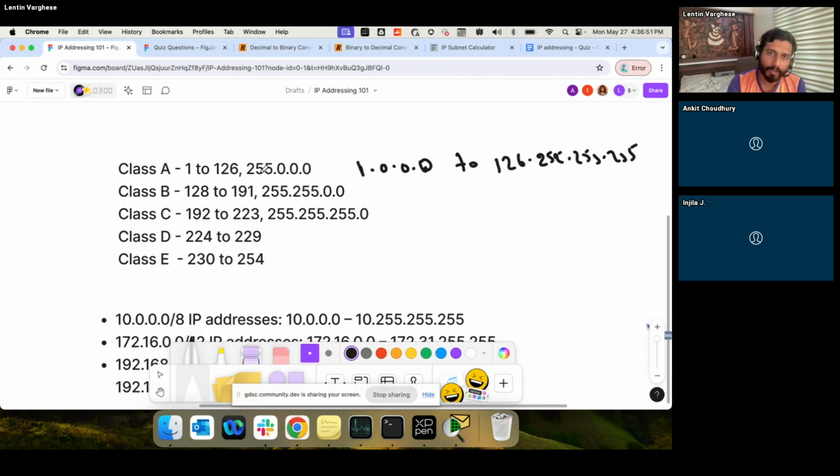So whenever you see a subnet mask, look at the part where you have 255. It's basically filled with ones, which represents the network portion of the IP address. So in this example, 1 is the network portion, 0.0.0 is the host portion. Hope that's clear. Any confusion here?